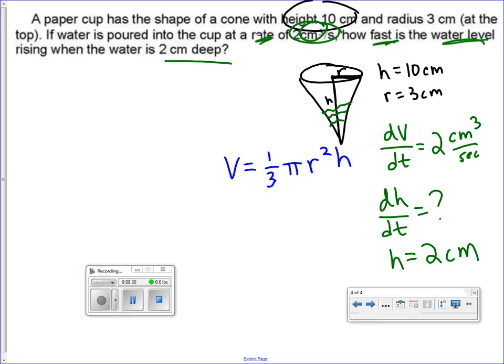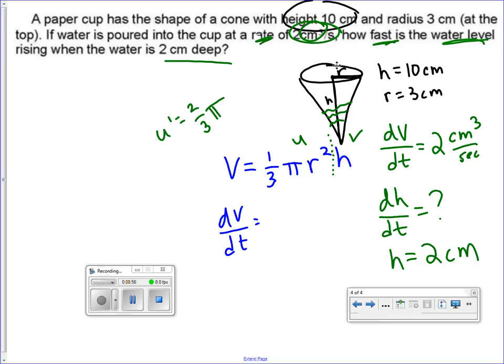So let's take the derivative of that. So the derivative of V will just be dV/dt. The right side has two variables, r and h. I'm going to split this as product rule into u and v. I'm going to need to jot off to the side though. u prime will be, I'm going to take the 2 and pull it in front, because 1/3 pi is just a number.